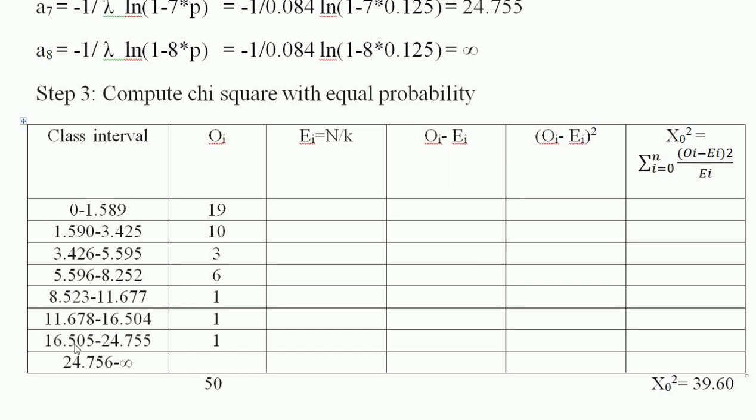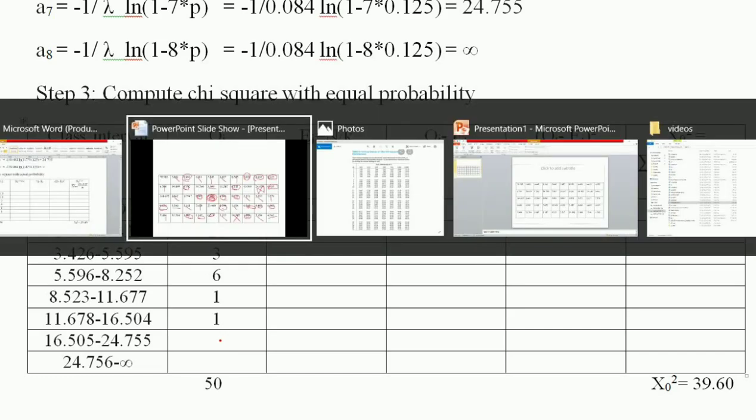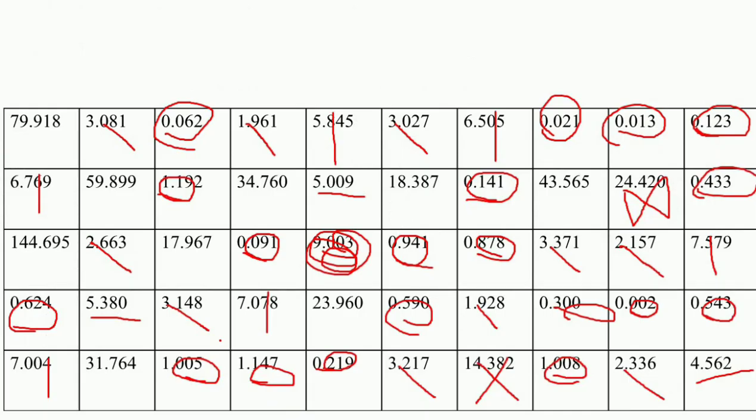We have a value from 16 to 24. So here I'm very sorry, I made a mistake. We have to count it properly. So now let me count it over here. How many values do we have?